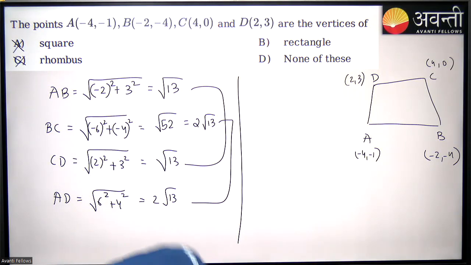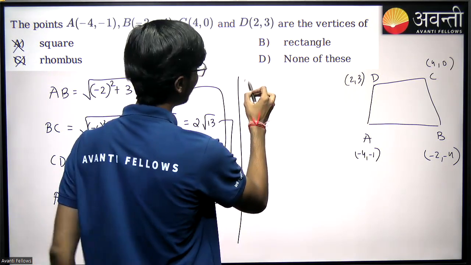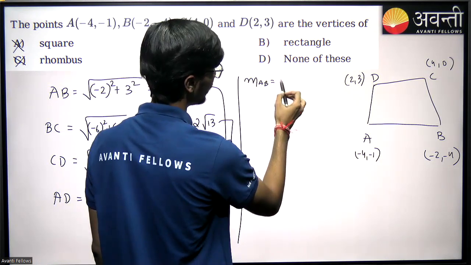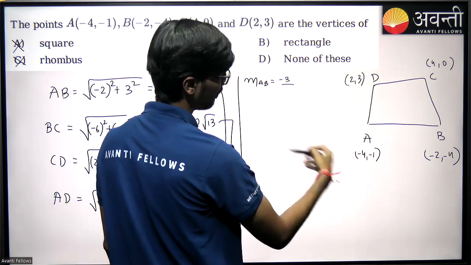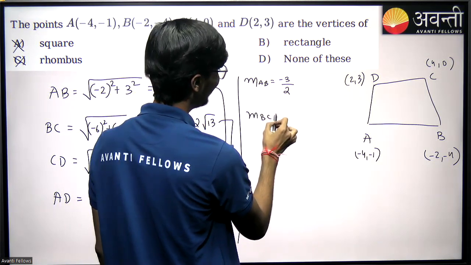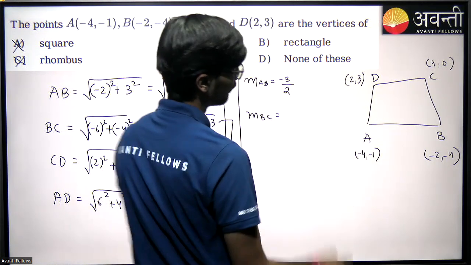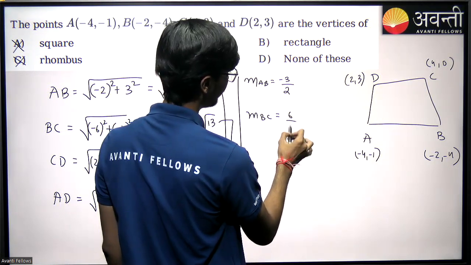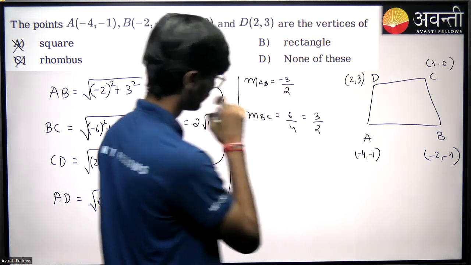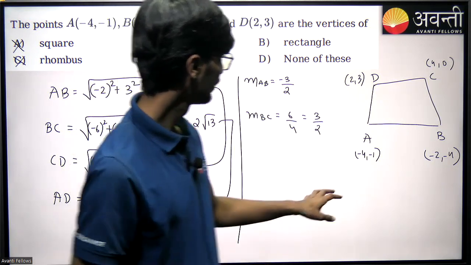Let us find the slope of AB. Slope of AB is minus 4 plus 1, so minus 3 upon minus 2 plus 2. And the slope of BC. What is the slope of BC? Did we make some mistake?